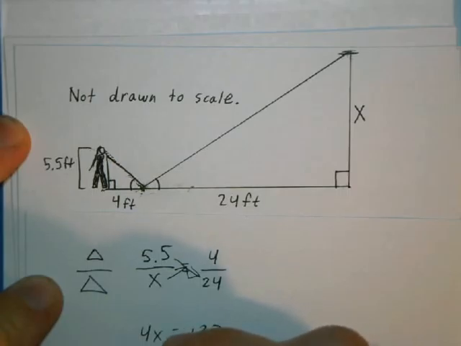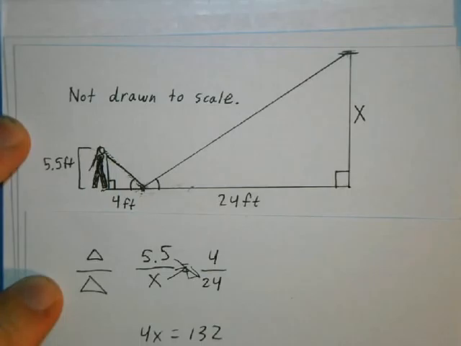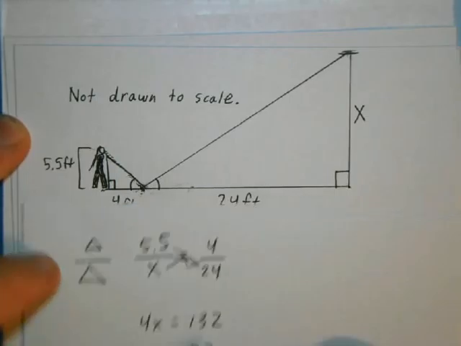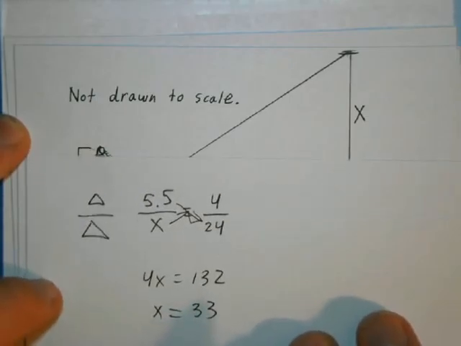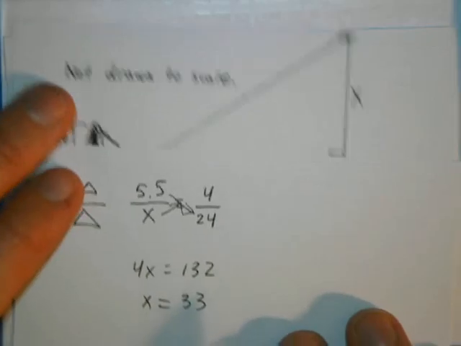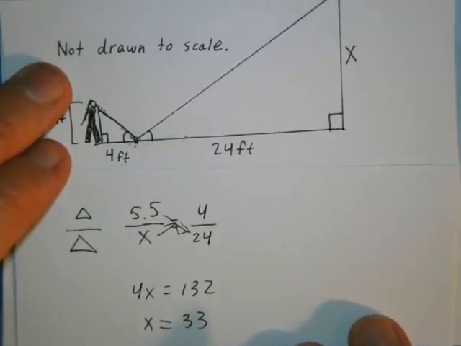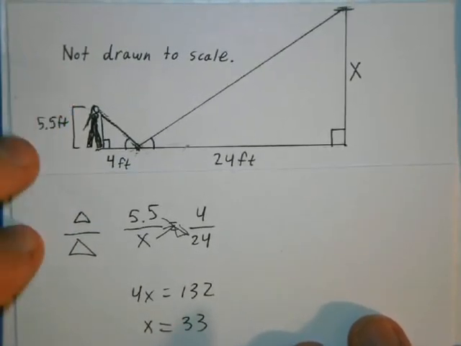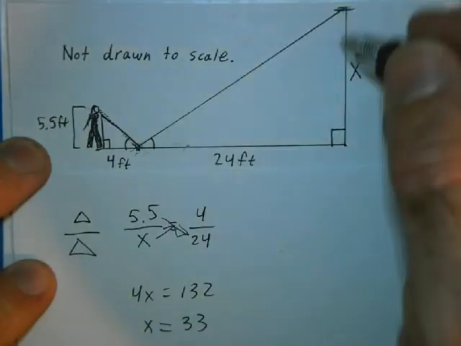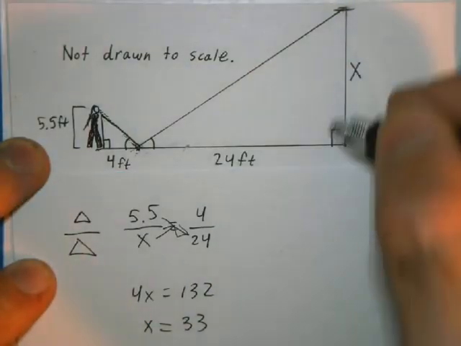When we divide by 4, we get x equals 33. So that would mean that the height of the gym is 33 feet.